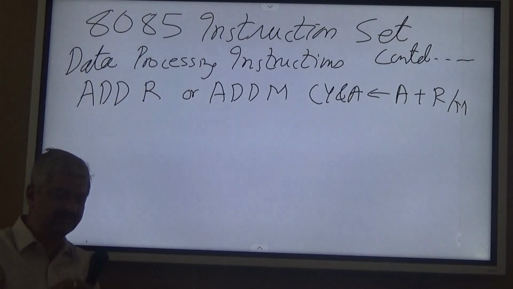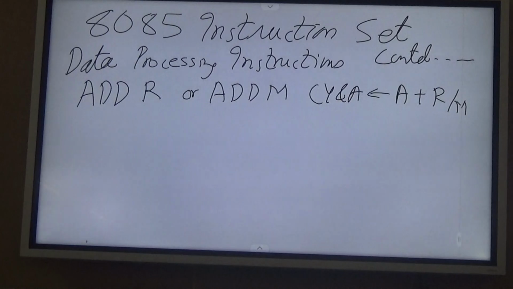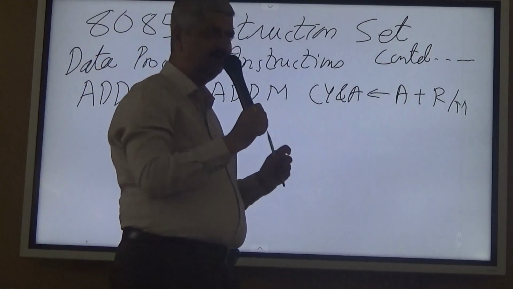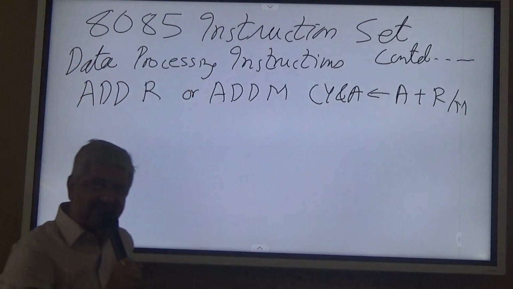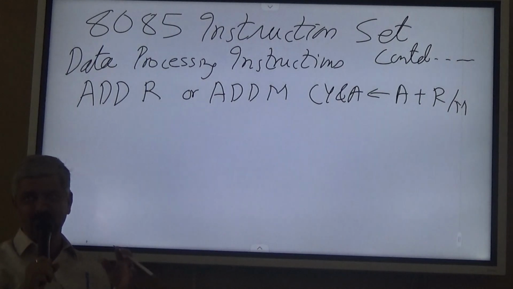The next instruction which we can take up for consideration is, what we are doing, we are taking very simple instructions first, and later on I am sure that you would be in a position to understand remaining instructions on your own.